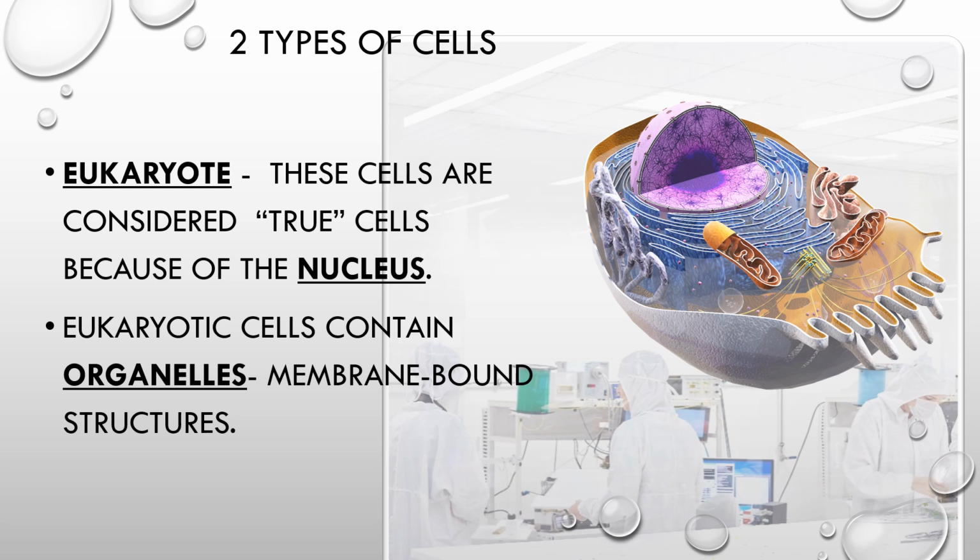The nucleus is the purple circle in the middle. All eukaryotic cells contain organelles, which are membrane-bound structures. If you look at the picture, you can see the mitochondria and other different organelles resting inside, like separate components.